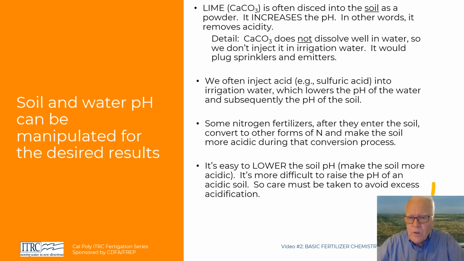Basically, it's easy to lower the soil pH, but it's a lot more difficult to raise the pH of an acidic soil if you have drip irrigation that is on the surface, and you can't disc anything in. For example, trees and vines. You just don't do it much.